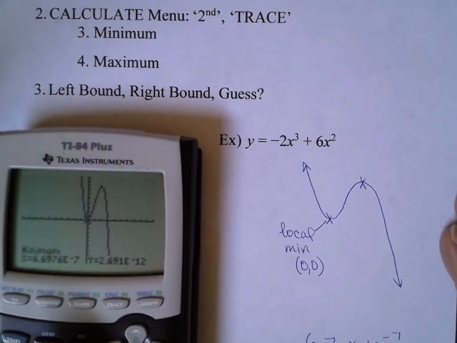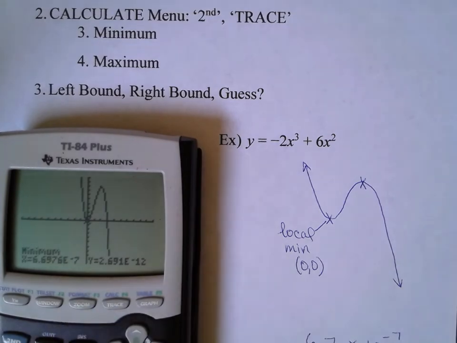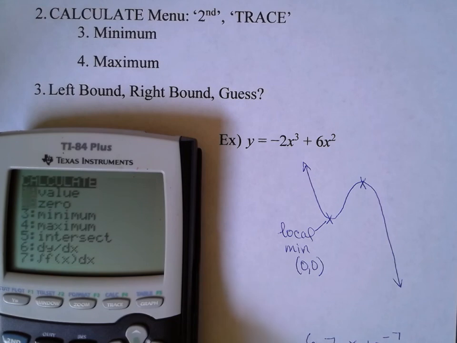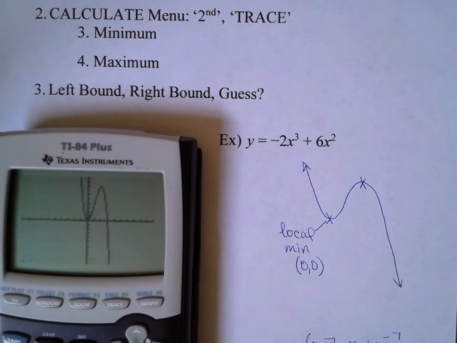That's our local minimum. So let's do the maximum that we see. So we'll do second trace maximum. And same thing. Now we want to give it a left bound and a right bound for the maximum. So I'm going to be a little bit to the left of the maximum. Hit enter. And then I want to move my cursor somewhere on the right of the maximum. Hit enter.